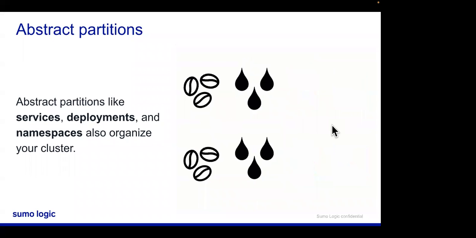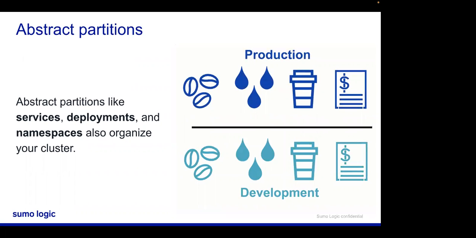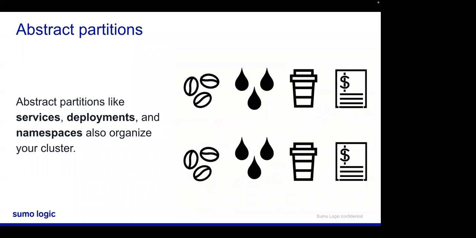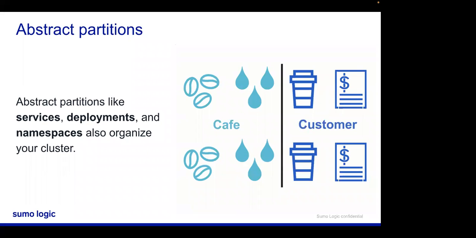So the point is that you and I can create abstract partitions to break this down. In fact, by default, out of the box, we typically break things down by services, by deployments, and by namespaces. And you'll see there are a couple of different ways that you can view things, because we want to make it easy for you to see the things that you need to see in Kubernetes, the way you need to see them.